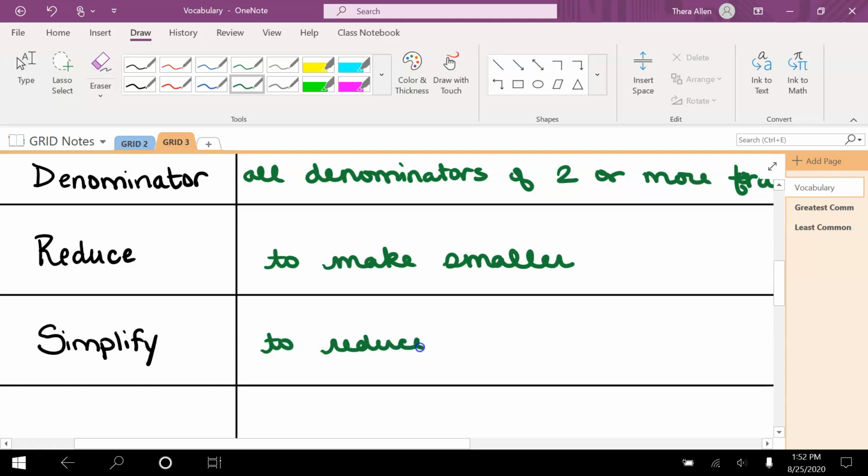So reduce means to make smaller. You'll hear me say, make sure you reduce your fractions. That means to make them smaller. And to simplify means to reduce as much as possible. Or it can also mean that you need to put it in a simple form, meaning that if you have an improper fraction, it needs to be changed into a mixed number.